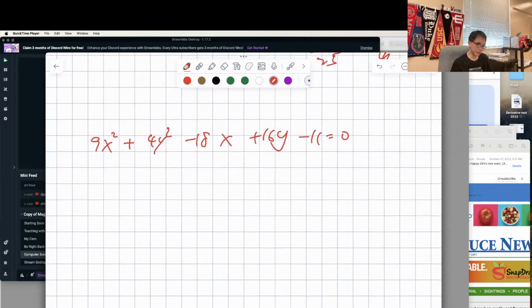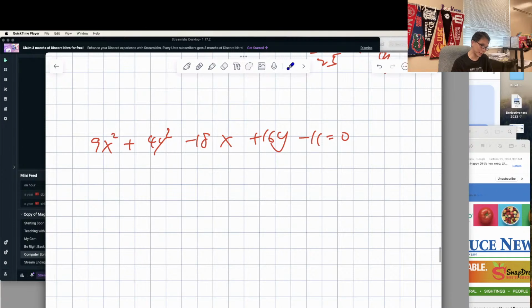The reason I know this is an ellipse is because the 9 and 4 are different coefficients. A minus is going to form a hyperbola. If it's a plus, it's going to be either a circle or an ellipse.